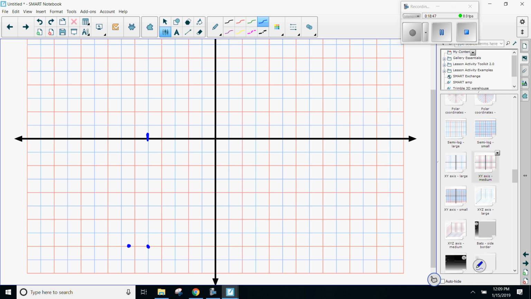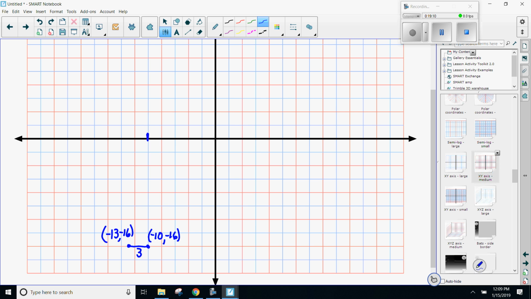What is the radius of the circle? No, 1.5. What did I let each one of those squares be? 3. Because remember, this point right here is negative 13, negative 16. And this point over here is negative 10, negative 16. So the distance between them is 3. So the radius is 3.